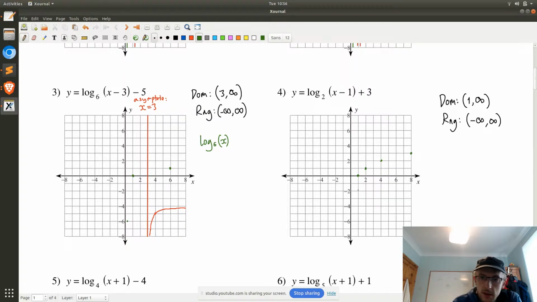Oh, cool. A sort of moderately shallow one here. But it's steep there, and all of those are translated to the right by 1 and up by 3. So this is off the screen. That's there.